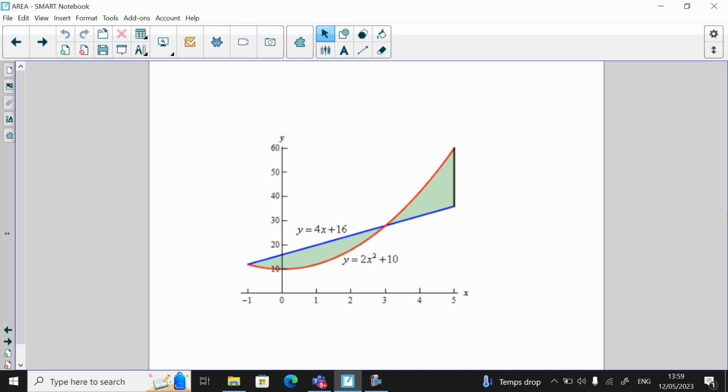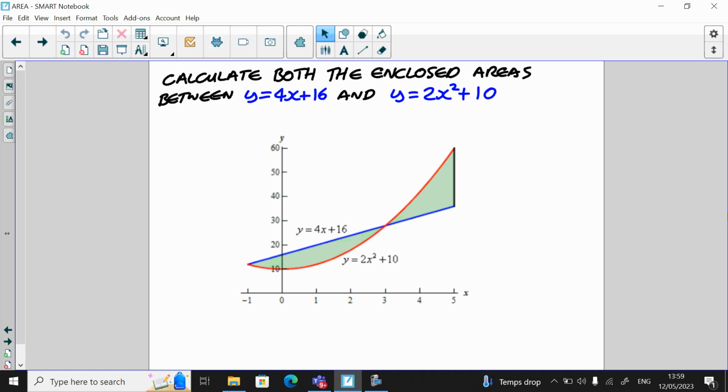So this one here, we have two functions, y equals 4x plus 16, which is a straight line, and y equals 2x squared plus 10. So here, the question is to calculate the area enclosed between the both of them.